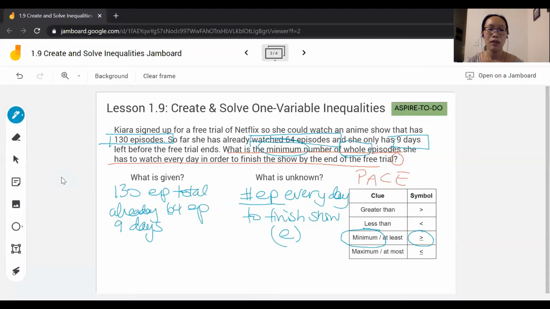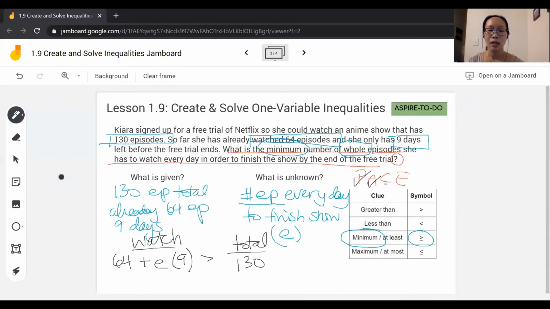So let's put everything together. We found our question, we annotated, and now we're in the process of putting our inequality together. On the left, I'm going to write what she's watching, and on the right the total. So we know there's a total of 130 episodes. We know that she has already watched 64, and then she's going to watch E per day for 9 days.